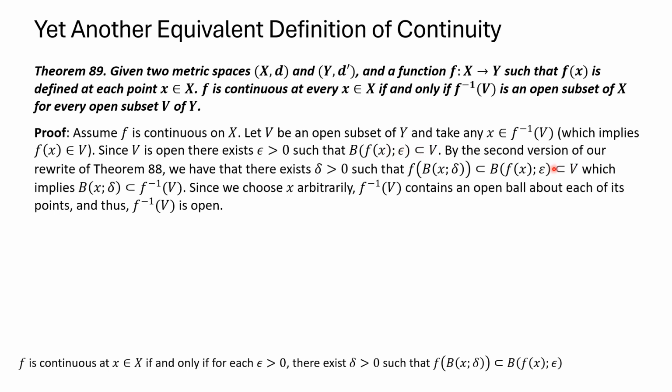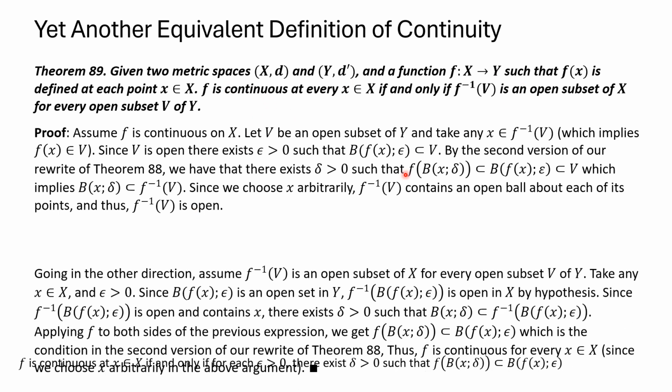And from up here we have that it's a subset of V. If we take the inverse of this and this, we get that the open ball about x of radius delta is a subset of f inverse of V. Since we've chosen x arbitrarily, f inverse of V has an open ball about each of its points. In other words, f inverse of V is open. So that proves the theorem in the forward direction.